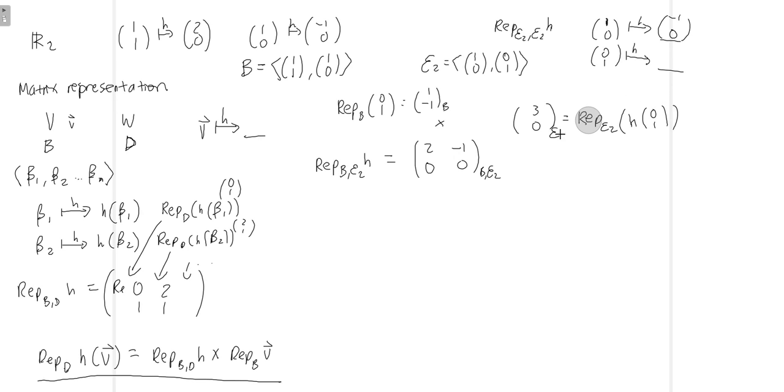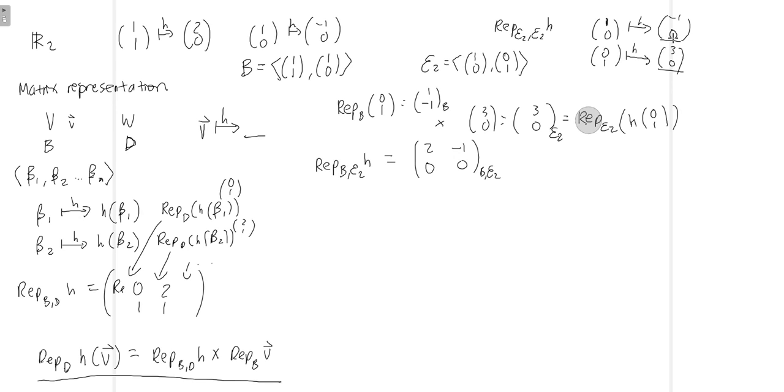Now (3, 0), of course, with the standard basis, is also just equal to (3, 0). So now that gives us the projection is equal to (3, 0).